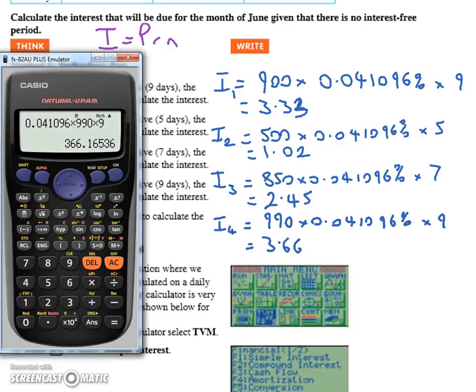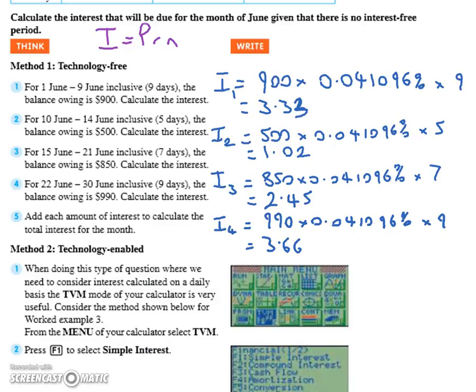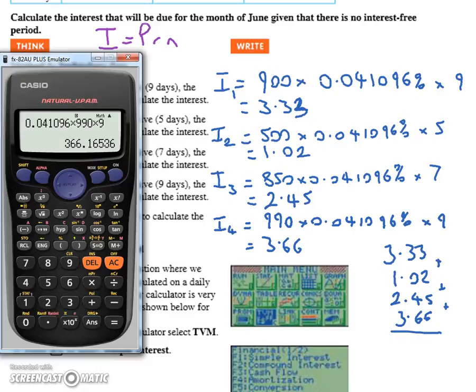Okay. Yep. Then, last thing we've got to do. You can see what? You shouldn't be copying. You should be working it out and doing it yourself. Of course you are.